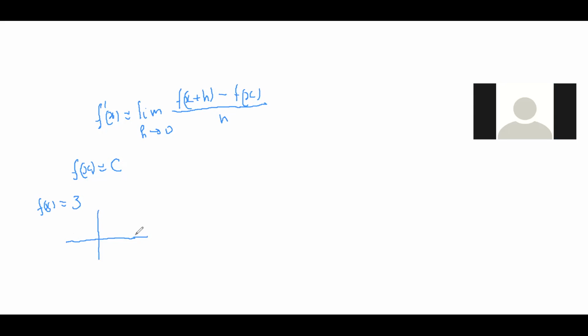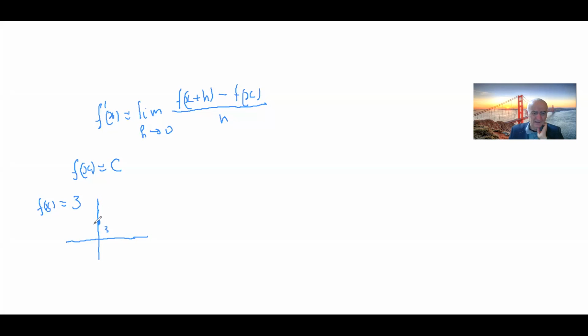A horizontal line. Very good, Nika. I think Nika means that here is 3, and this line is the graph of this function.